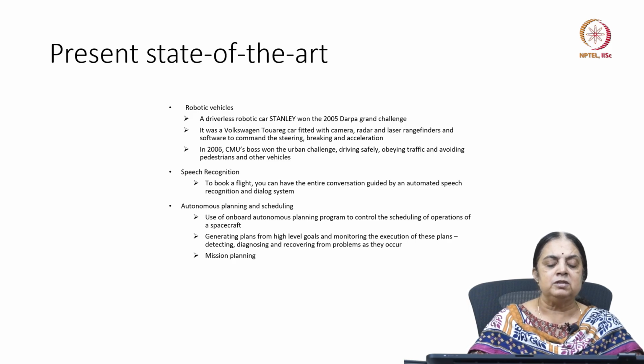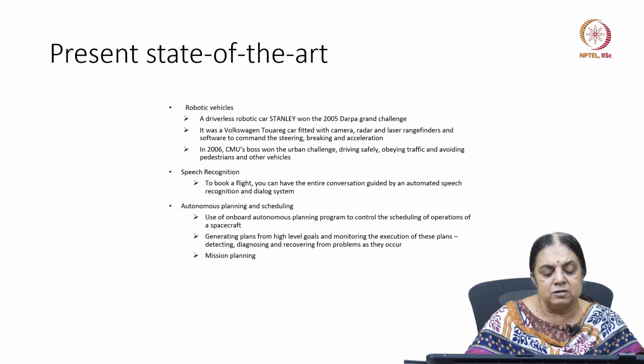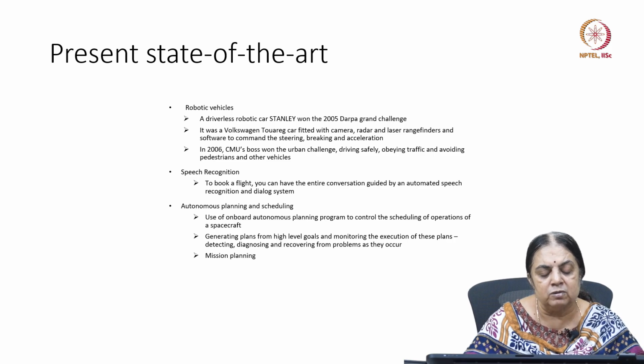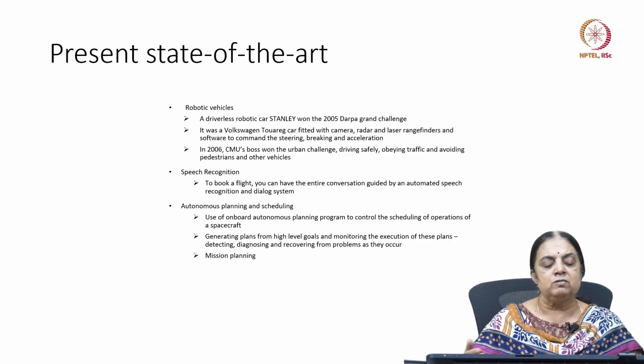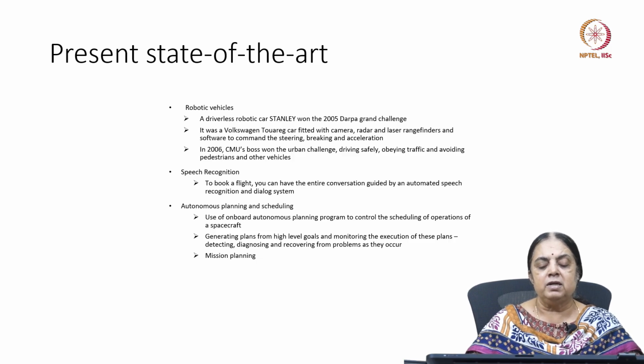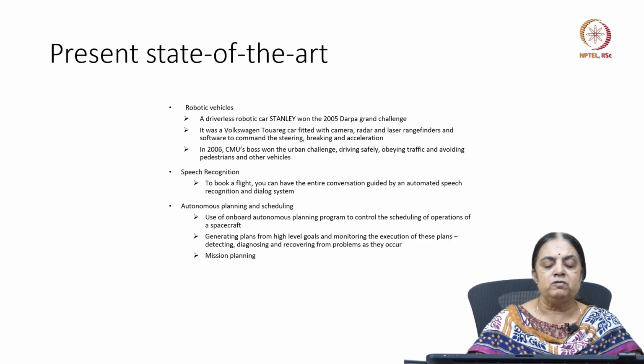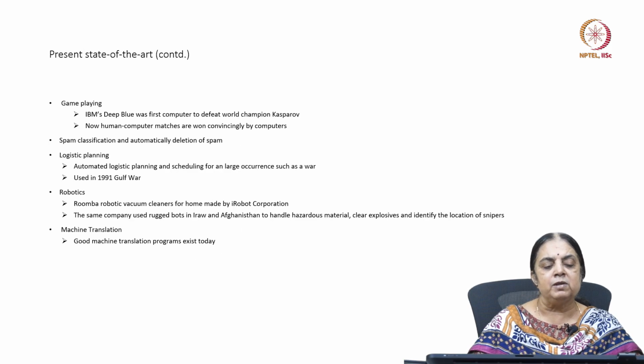So what are the goals that the spacecraft has to achieve, and from that you generate the plans, and it also carries out monitoring of the execution of these plans, and then you detect whether the plan is going well or not. If the plan is not going well, it actually recovers from the problem and continues from there, right? So these are some of the things that are basically available there.